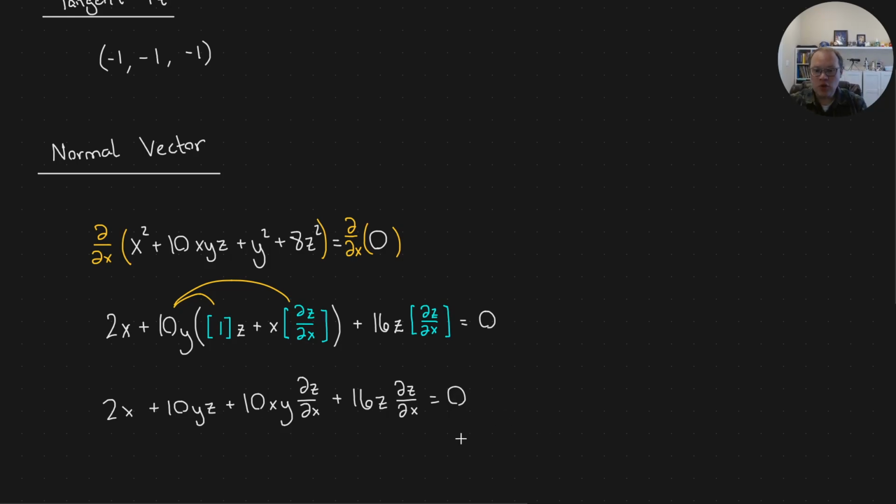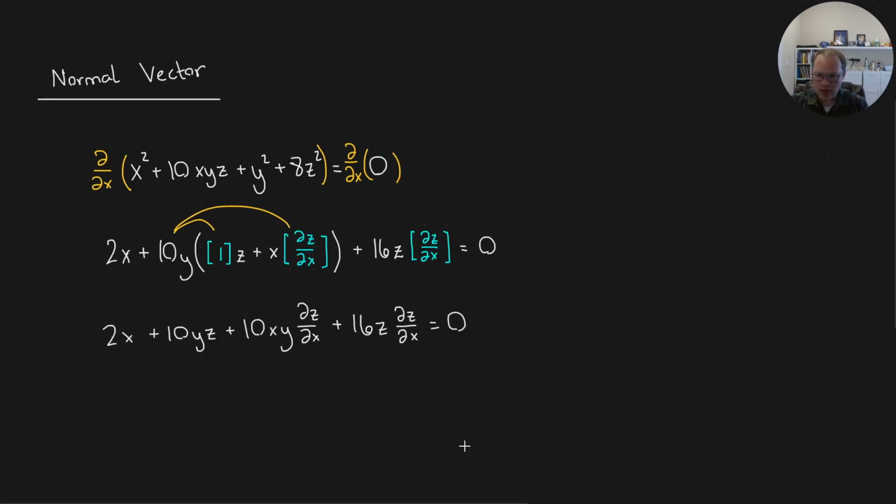Now what I like to do is get all of my terms with partial z partial x in them on one side of the equation by themselves. So I could either move both of these to the right-hand side, or I could move everything that doesn't have that partial z partial x in it to the right-hand side, leaving these on the left-hand side. I think that's what I'll do.